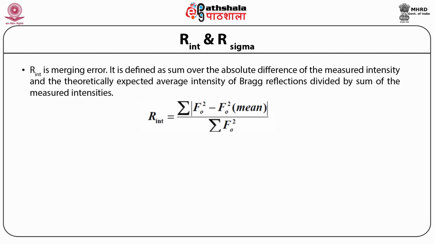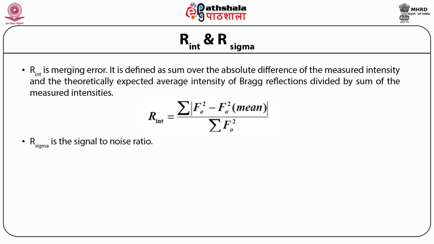A higher Rint value may indicate an incorrect Laue group, bad or missing absorption correction, crystal decomposition or twinning, goniometric problems, omitted reflections or some misalignment. So one has to carefully check the values of Rint.